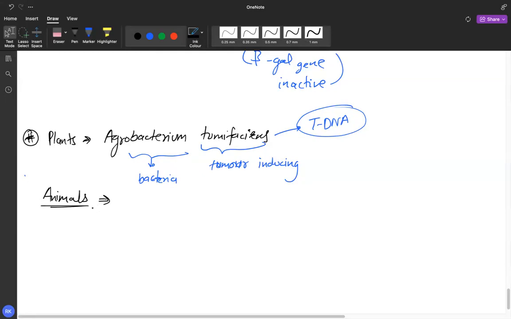It will insert the DNA, but this time it is not the lethal DNA to produce any toxin. You have deleted that part and added, let's say, the gene of insulin or any other important gene that you want to deliver into the animal.